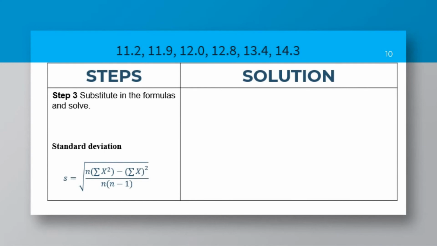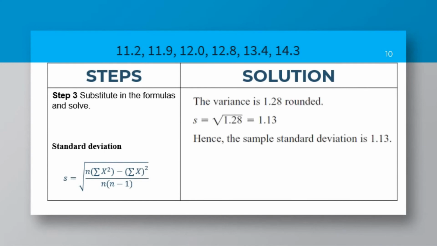For the standard deviation, the variance is 1.28 rounded, so the standard deviation is equal to the square root of 1.28, which is 1.13. Hence, the sample standard deviation is 1.13.